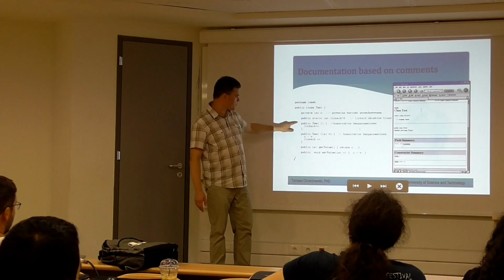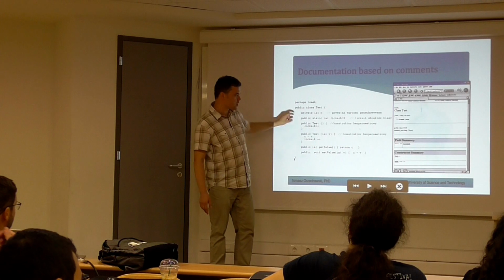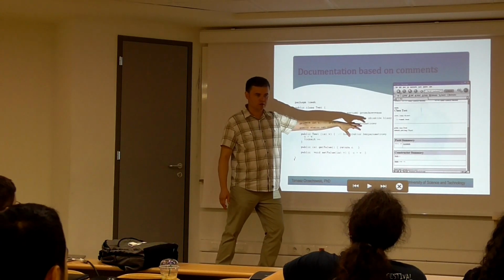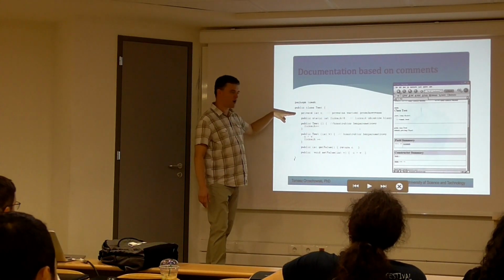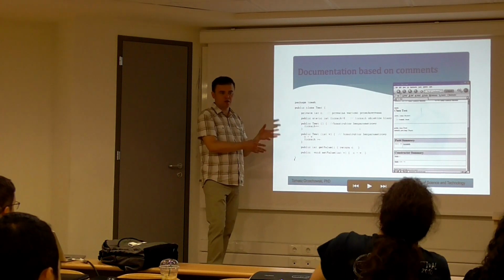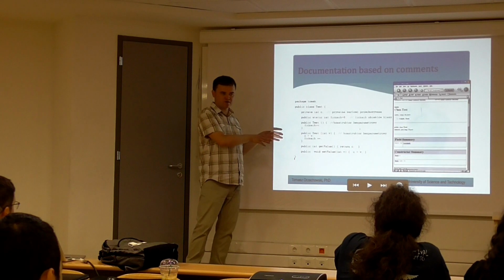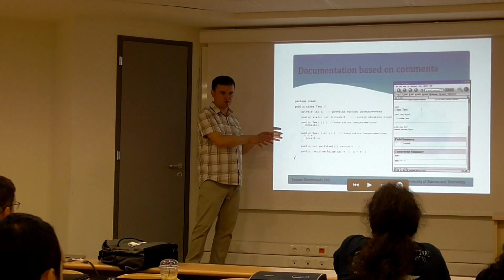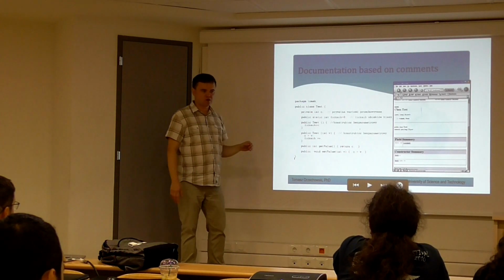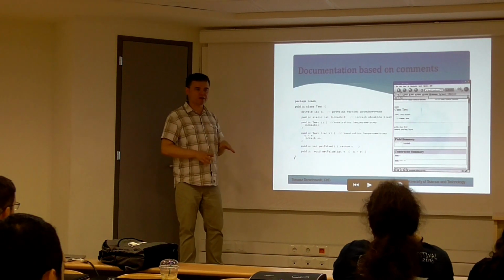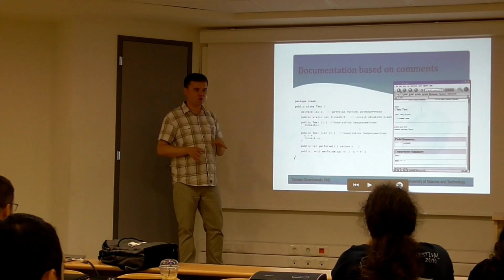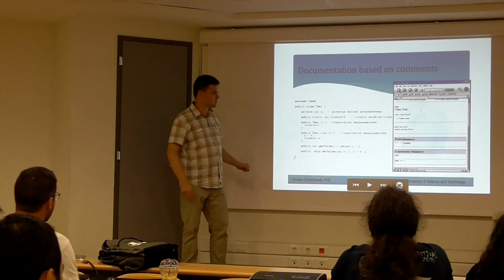So 1, 2, 3, 4, 5. 5 elements will be stored into documentation. Everything that is private is hidden because documentation is for a person that will use your class. So only public elements are available outside of this class.